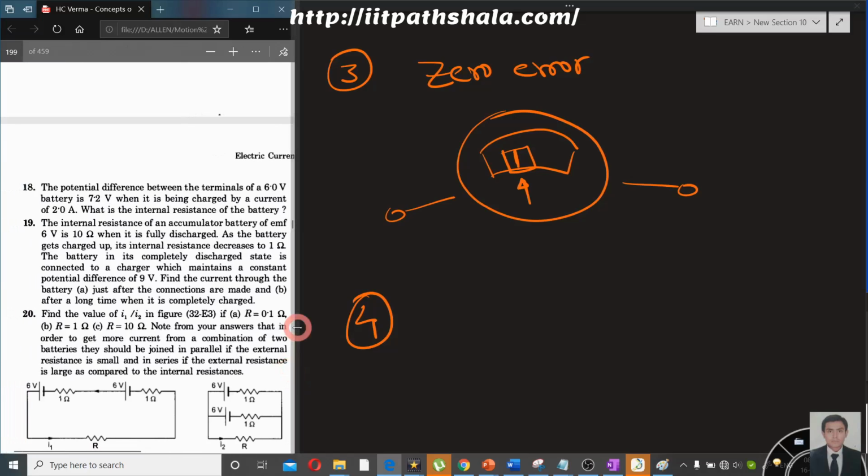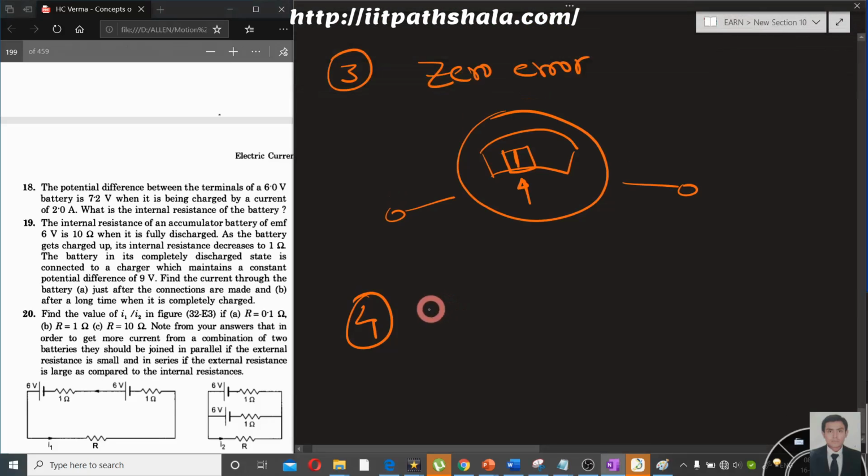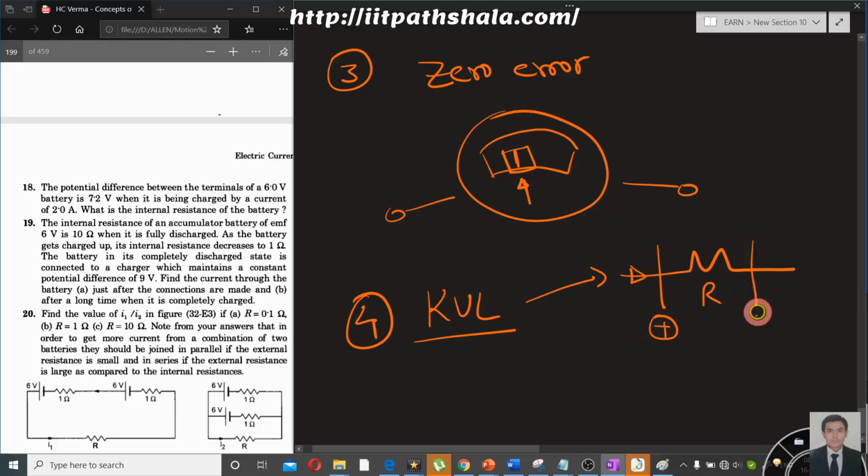Your fourth takeaway is nothing but your KVL and KCL itself. In KVL I have told you the marking of the resistance, that if you have this resistance over here, the current is entering the resistance, so there will be a positive gate and there will be a negative gate, and from the negative gate your current will be terminating.